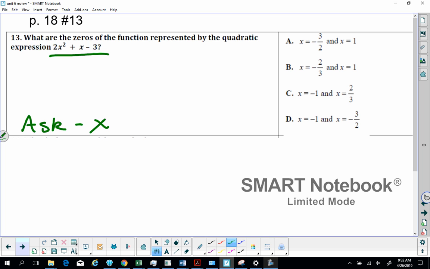Okay, when it says ask X, that means you can just type in these answer choices. So type in where it says ask X, you hit enter, and then you do -3 divided by 2. So hit enter. If there's something in there, just click delete. So you can type in -3 divided by 2.